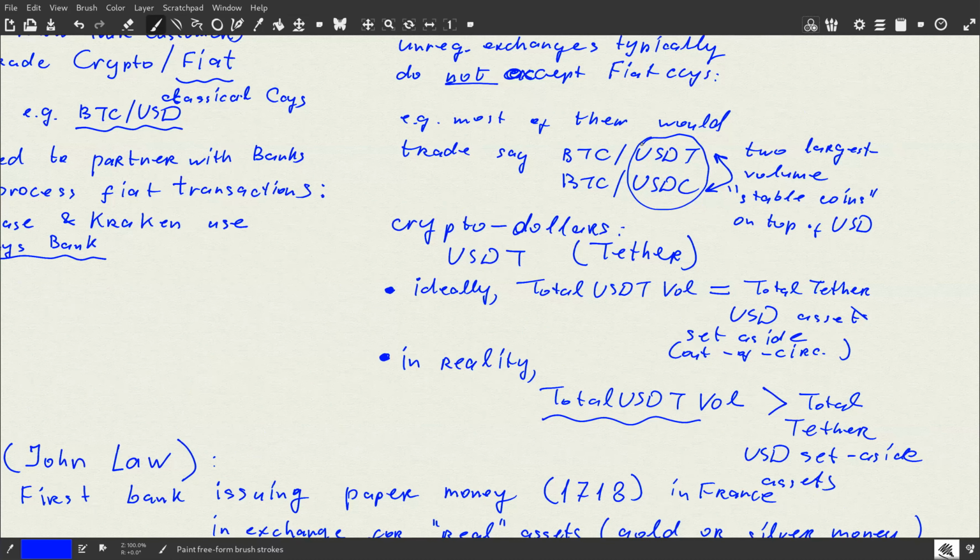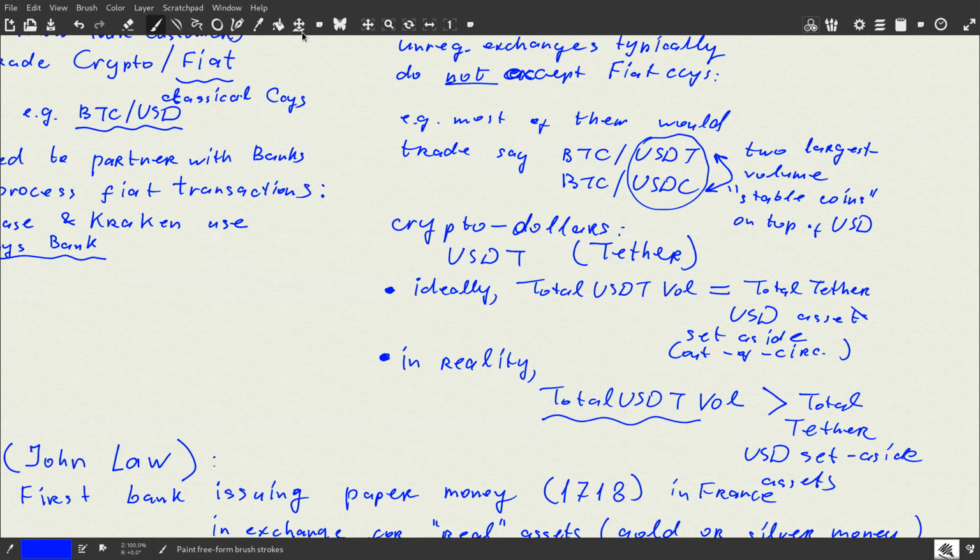Eventually, however, one way or another, you will need to convert your cryptocurrencies into real currencies. A software developer who got paid in USDT eventually needs to buy real groceries to sustain his life in USD or rubles. And that's why they would need to convert cryptocurrencies into fiat somehow.